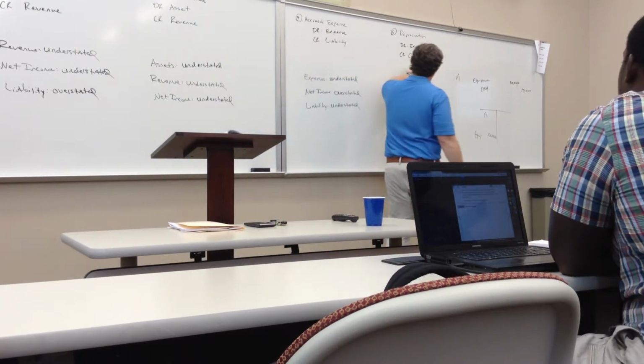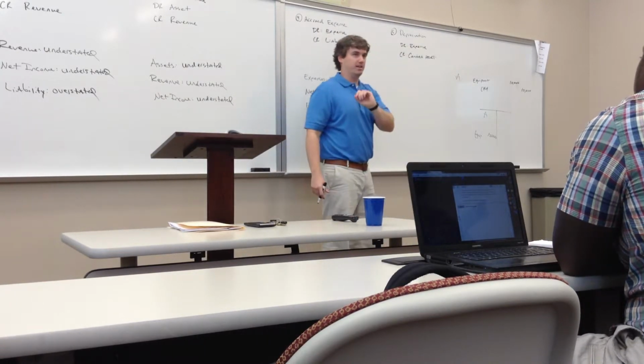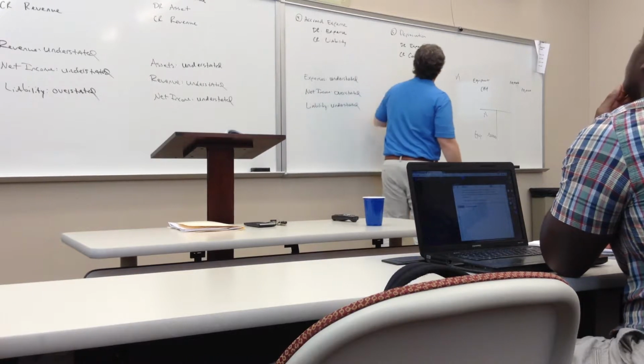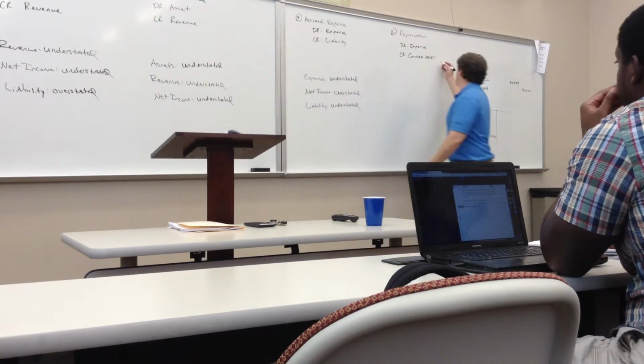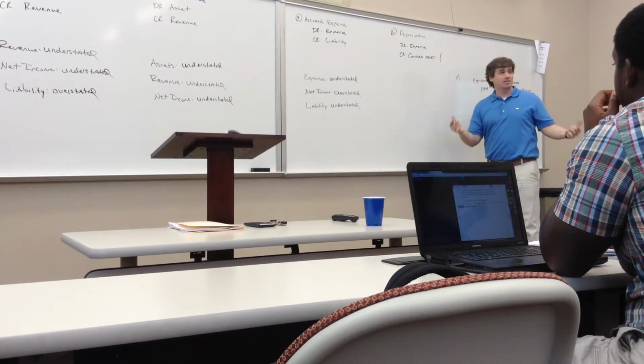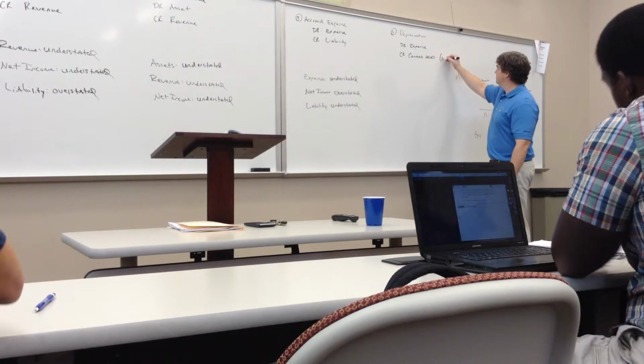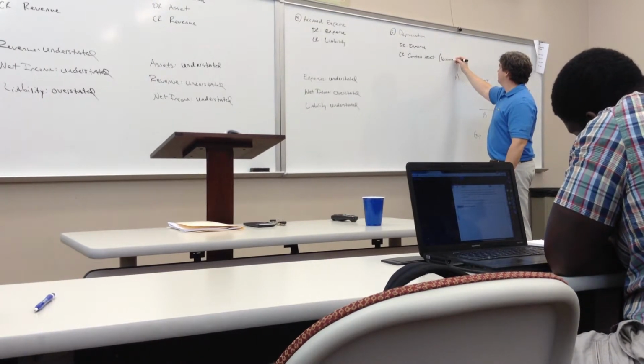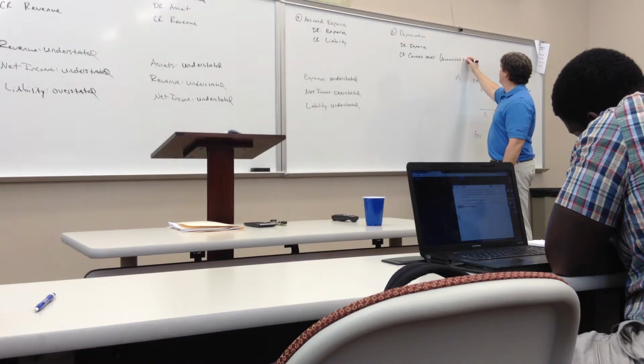Now, this one has very specific accounts tied to it. You're going to debit depreciation expense, and the contra asset you're going to use, you haven't heard of this account yet. Here it is: accumulated depreciation.